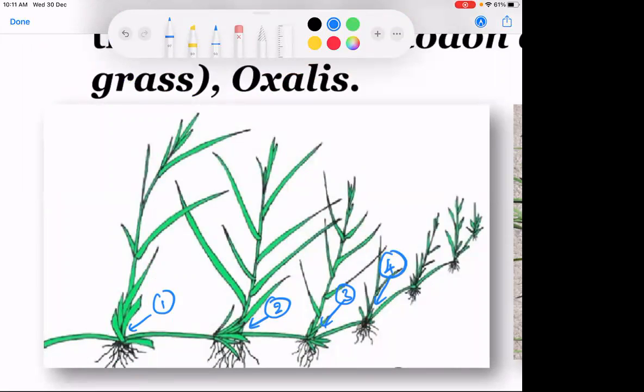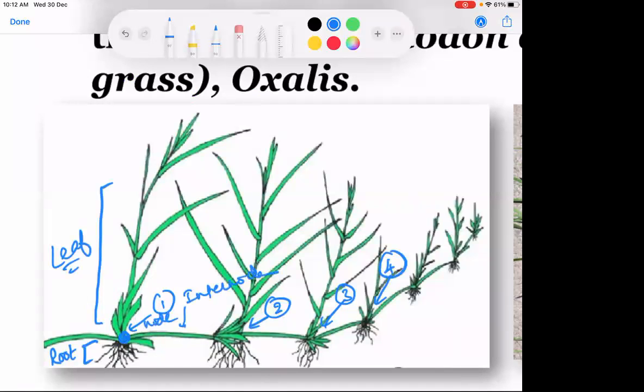So at each node, for example node number 1, they develop root at the base and leaf on the top. This is the internode region, ready, and this is the node.